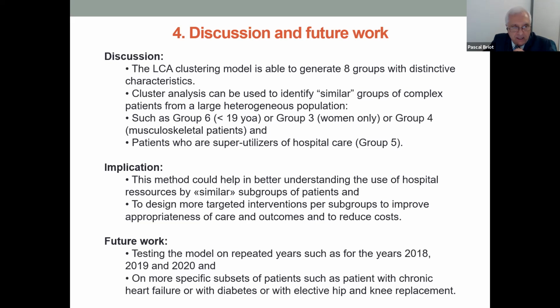We also believe that cluster analysis, therefore, lends itself to identifying similar groups of complex patients from very large heterogeneous populations. In our case, as I pointed out to you, group 6, probably the young patients, group 3, the women-only patients, group 4, the musculoskeletal patients, and finally, super utilizers, group 5, I think are pretty much well identified.